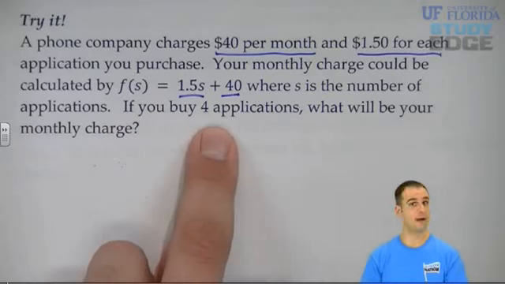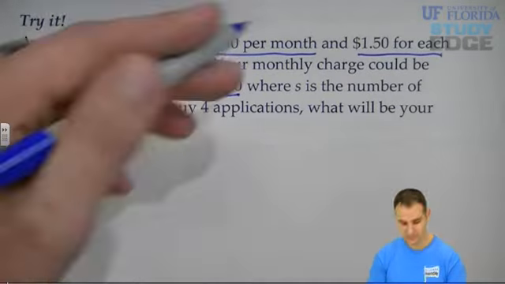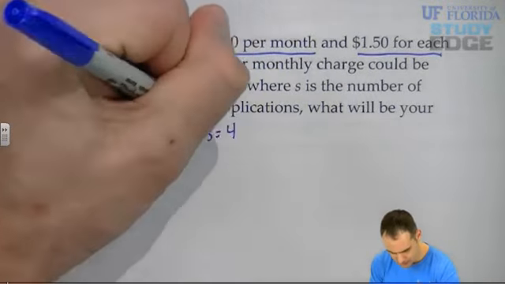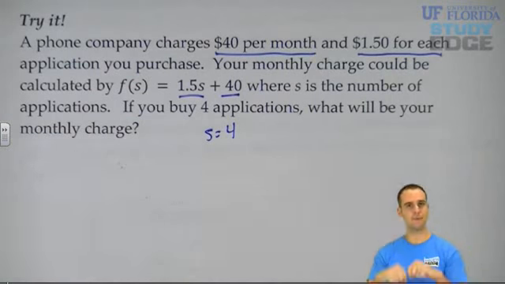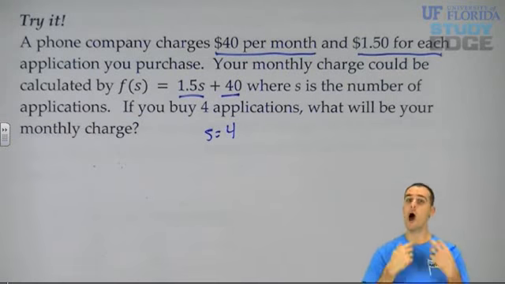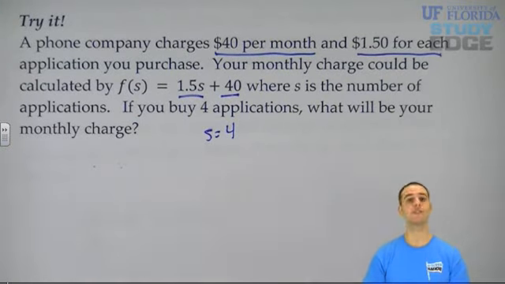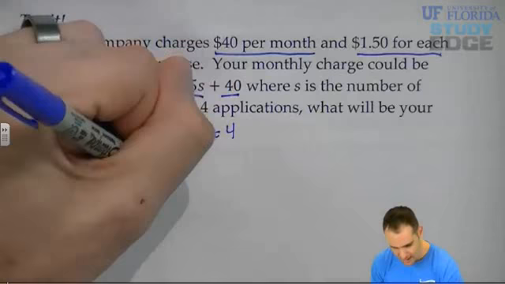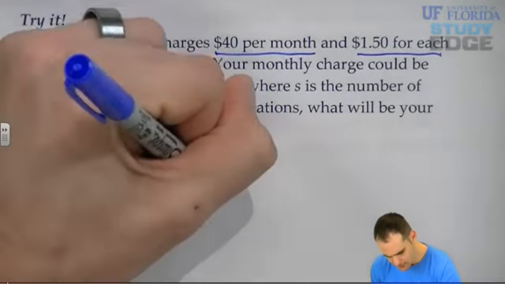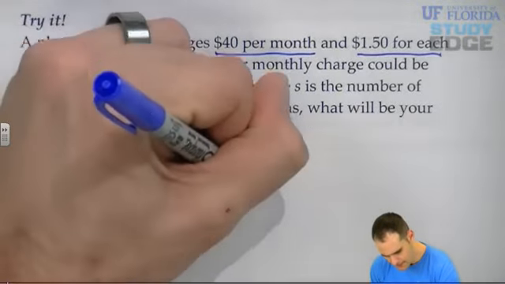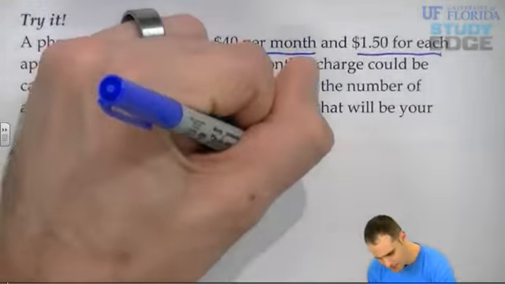You buy 4 applications. That means s equals 4. So we're going to input a 4 for s and output our answer, which will be our monthly charge. F of 4 equals 1.5 times 4 plus 40.